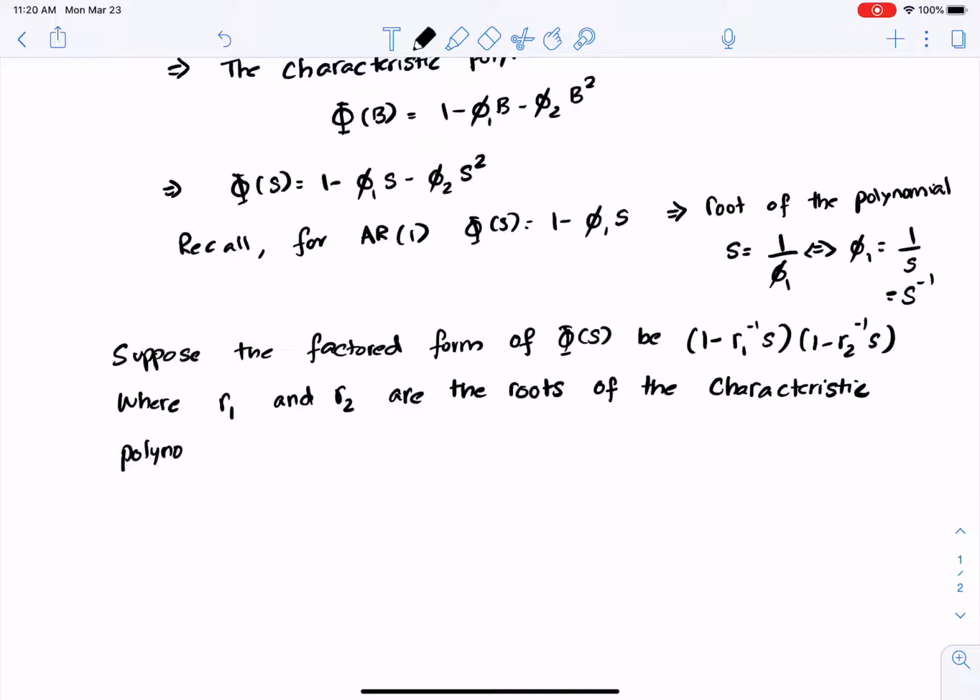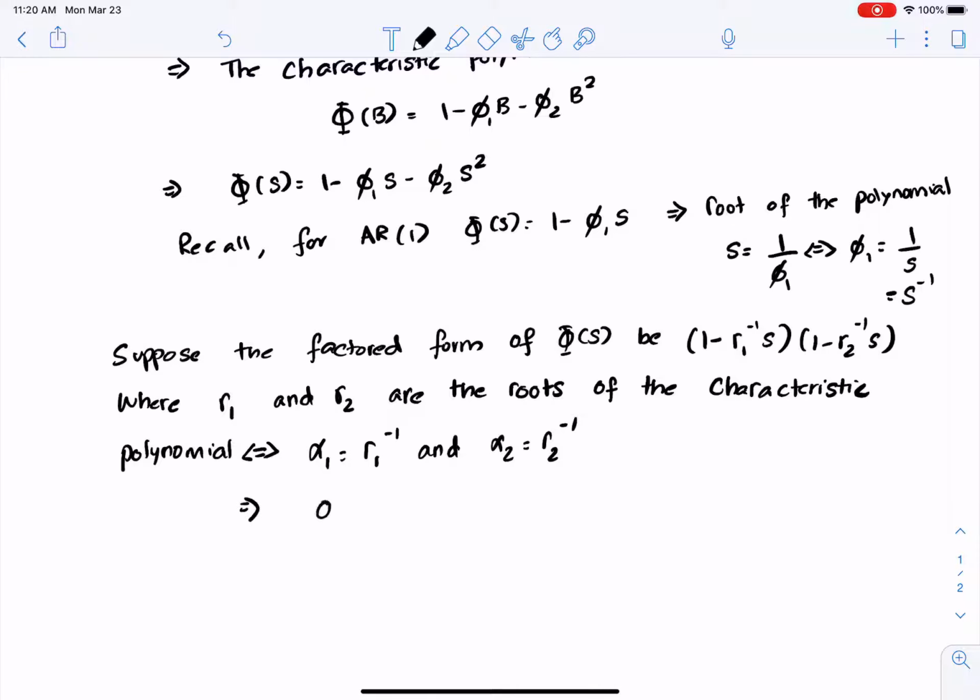So if we don't want all the negative signs, we could also write it as alpha 1 equals r1 inverse and alpha 2 equals r2 inverse.